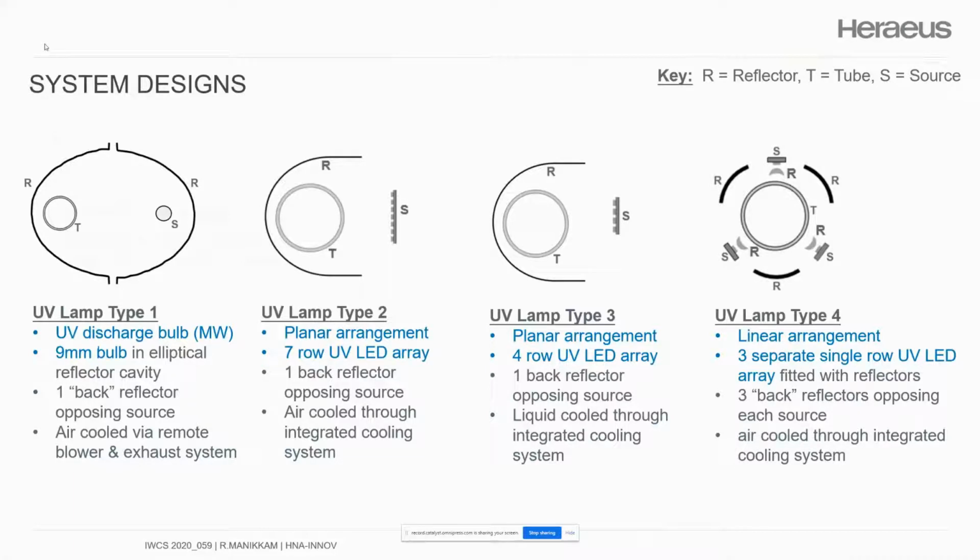In addition to being a single row of LEDs, this system had 3 separate single rows of LEDs that were fitted with their own focusing reflector optics. And oriented around the curing tube instead of positioned on one side, similar to type 2 or 3. In addition, it also included back reflectors.